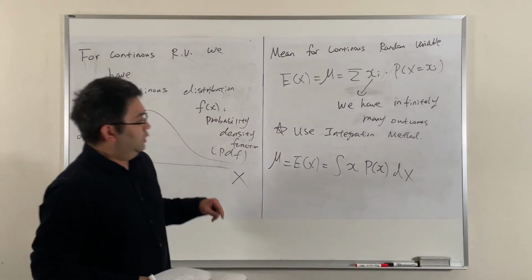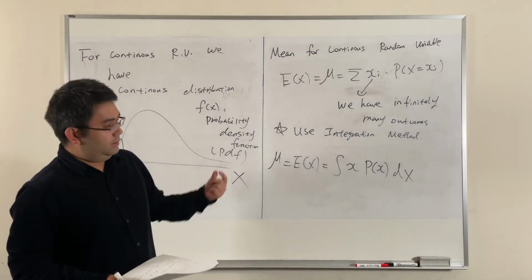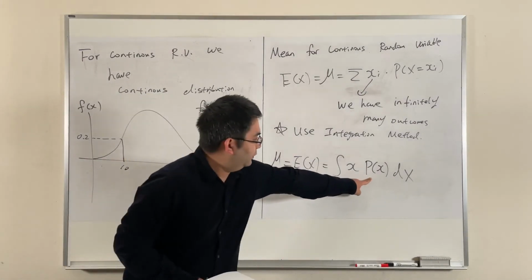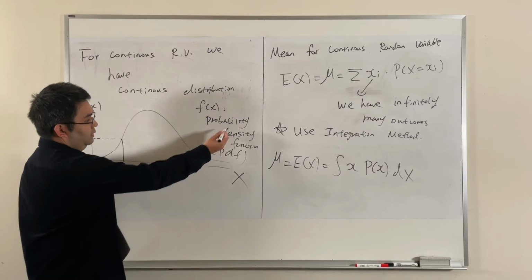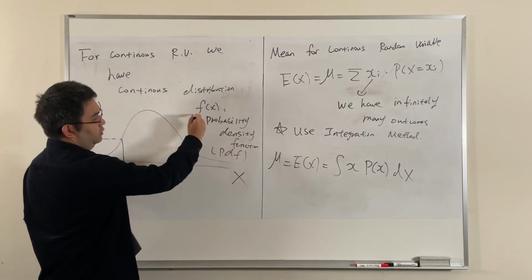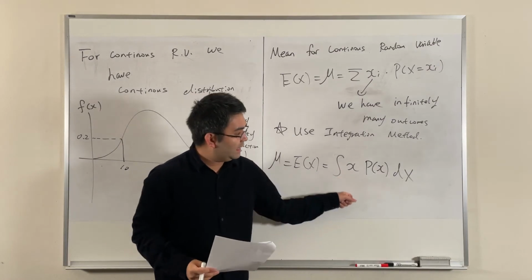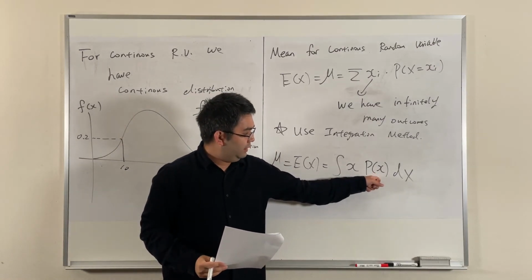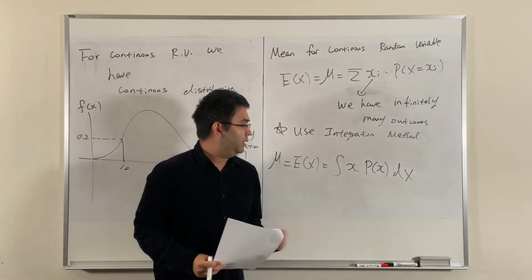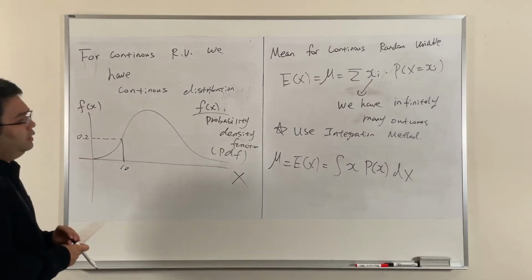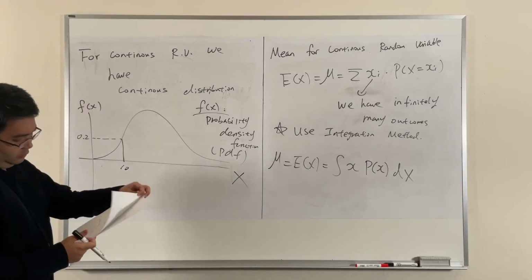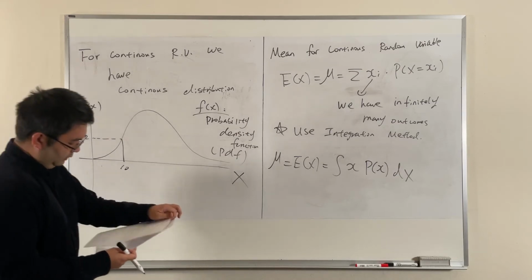The probability of x at each single value is just the probability density function, your PDF. So you take each single value times the PDF, and then you take the integral. Okay, cool. So let's do an example to show you.